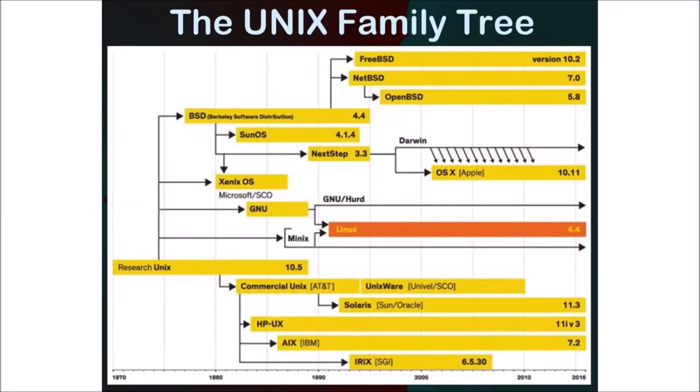Some of those continue to today. On the other side, Xenix and GNU were developed, and then Linux was developed. Now, these aren't direct derivatives from Unix, but they are Unix-like in that they all work similarly. They're command line driven.